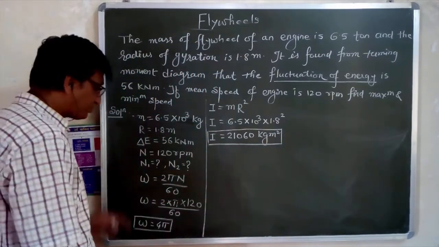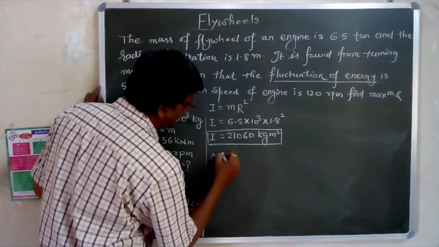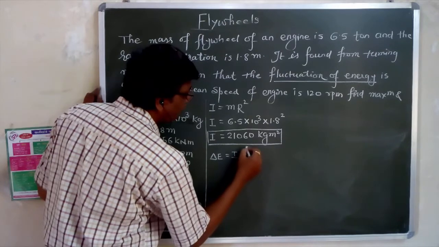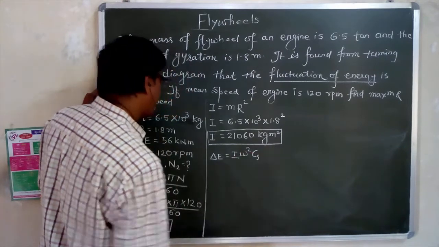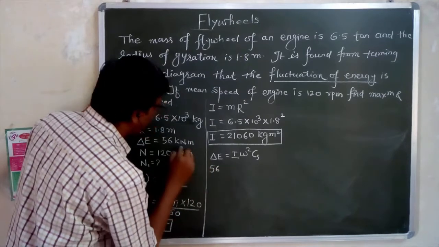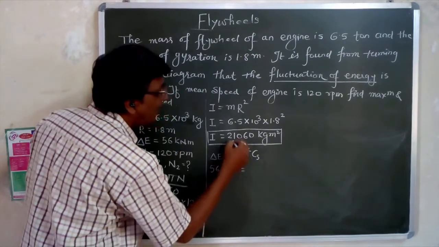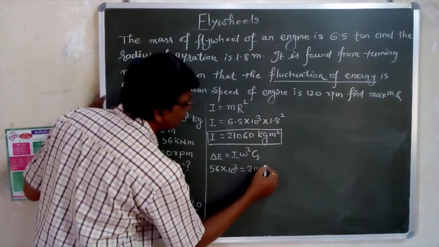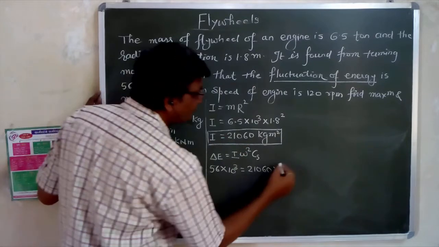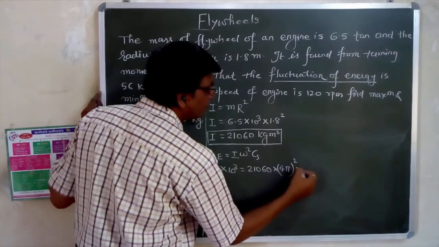Now next one is delta E is equal to I omega square CS. Here delta E is 56 kilonewton meter, you multiply it by 10 raised to power 3. I is 21060 into omega, already calculated, 4 pi whole square into CS.